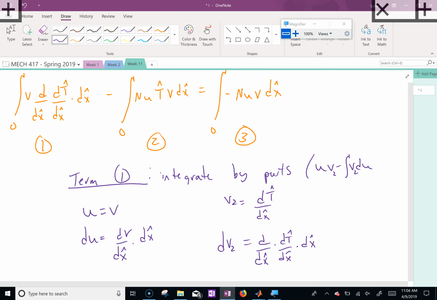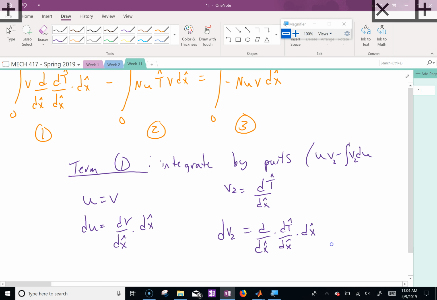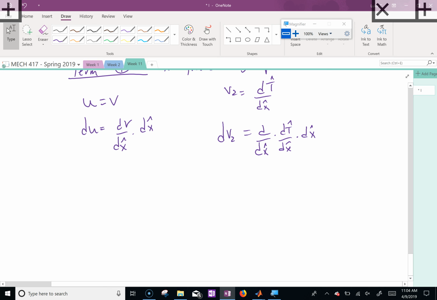Okay, so let's now plug in term 1. I'll do that in purple, and then we'll do the rest in orange.